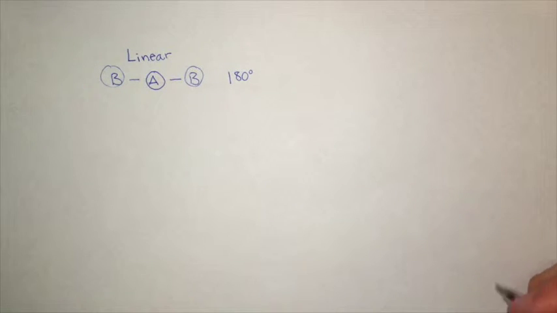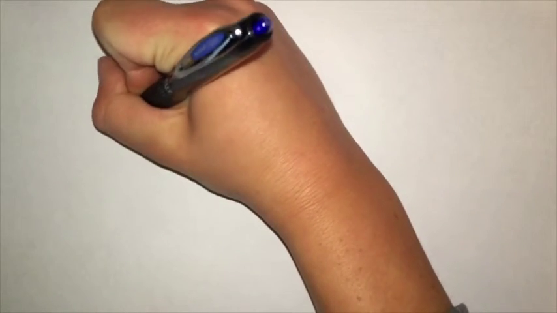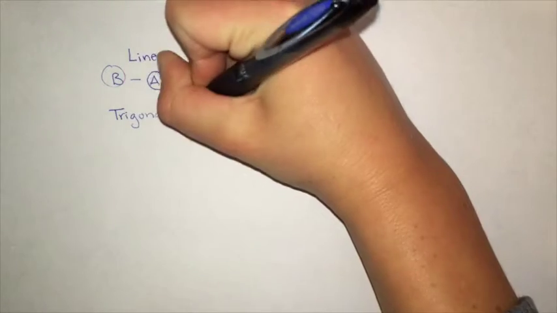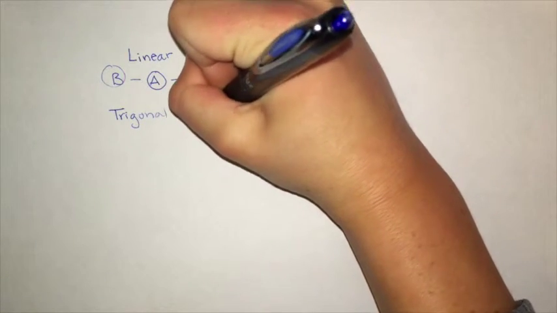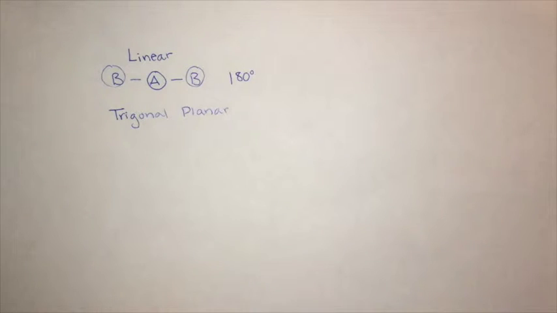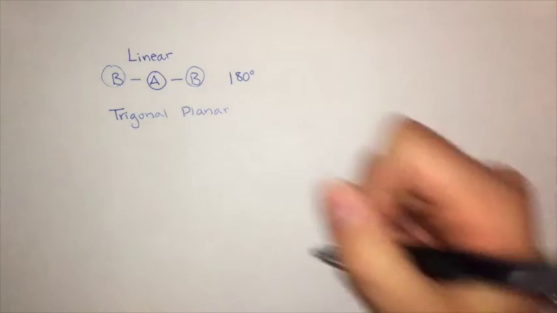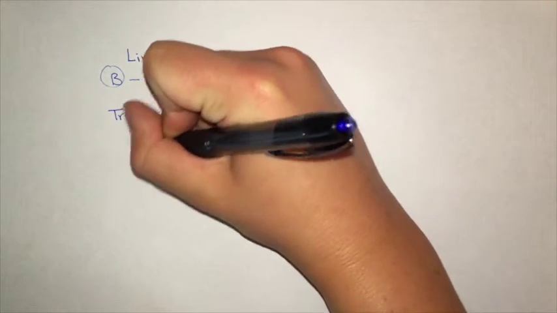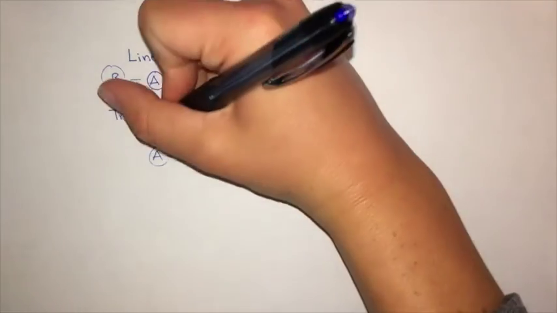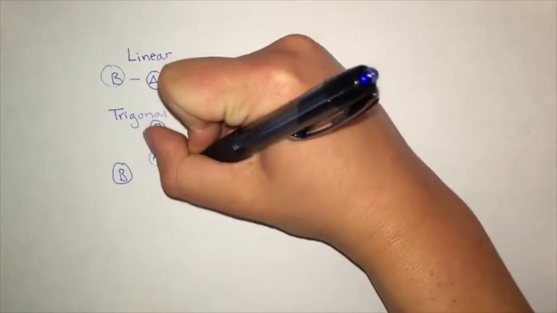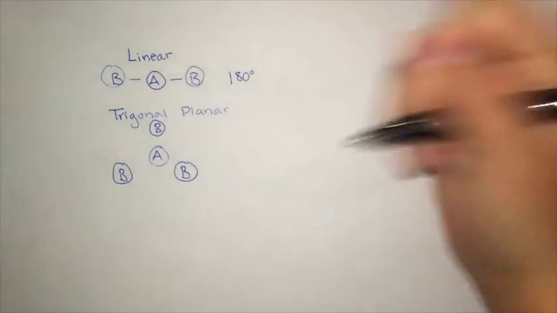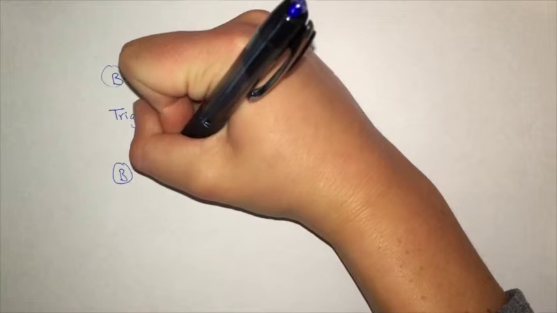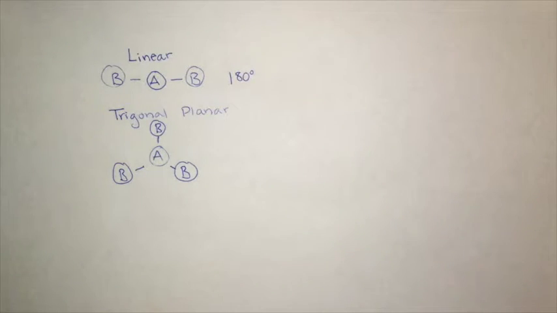The next one we're going to look at is a trigonal planar molecule. This molecule is going to have 4 atoms. It's going to have A as the center atom, and 3 other outer atoms, which are going to be B. And then it's going to have 3 different bonding pairs going to each of those outer atoms.